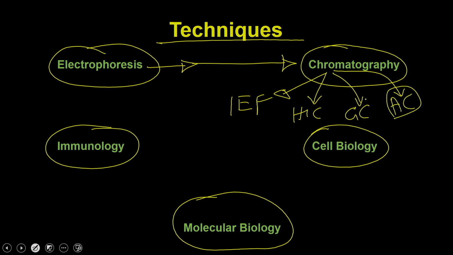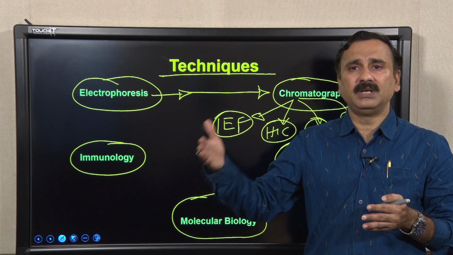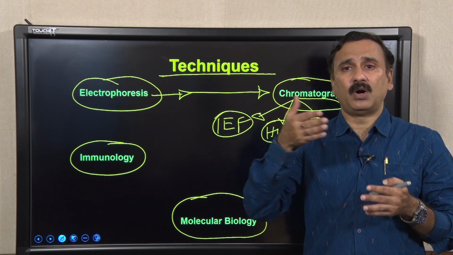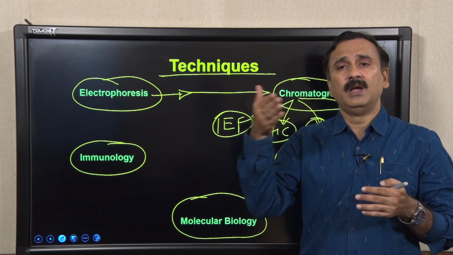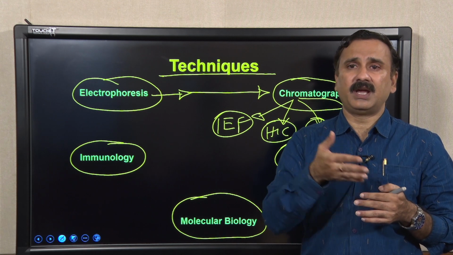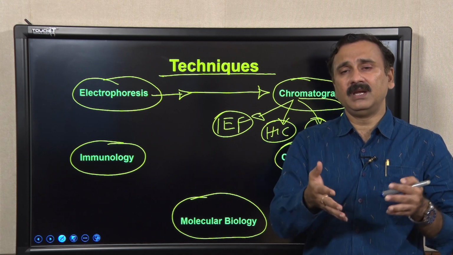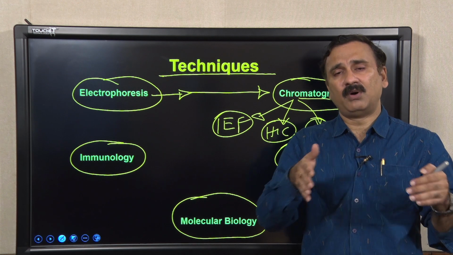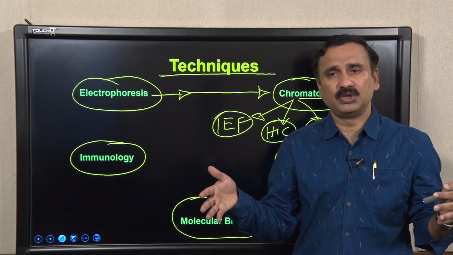Within these techniques, we discussed the basic principle of each, how these individual techniques distribute or separate the molecules, and what the different parameters and factors are that govern their potential to separate the molecules into the different distribution planes.